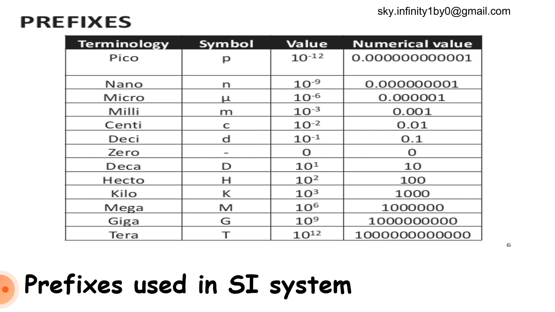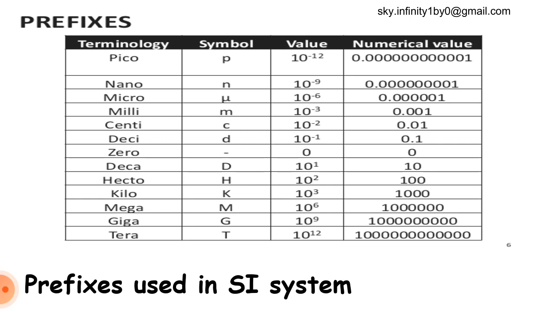There are various prefixes also which are used in the SI system. These prefixes are used so that the numerical values can be expressed if they are many. Since atoms and molecules are numerous, we need to use these prefixes.